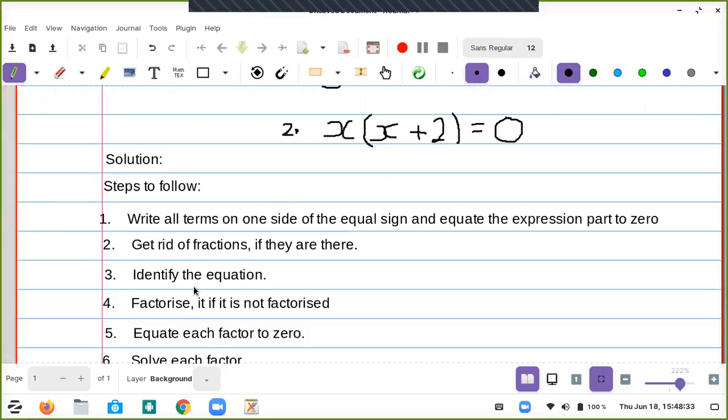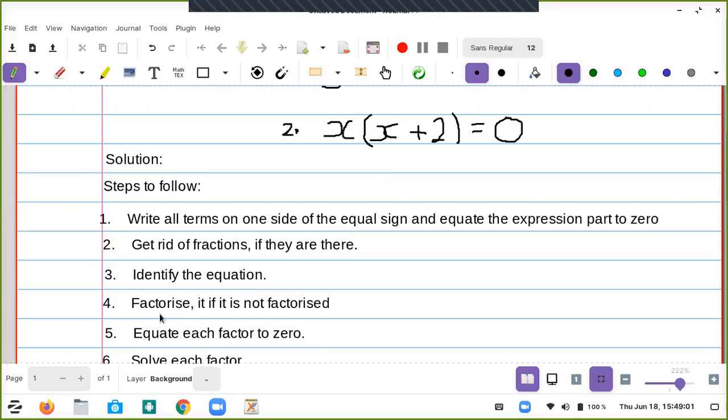Then I will identify the type of equation that I need to solve. So knowing the equation can lead me to identify the method to solve the problem. In this case, it's factorization. So it will be easier for me to identify a factorization method that I may use to solve the problem.